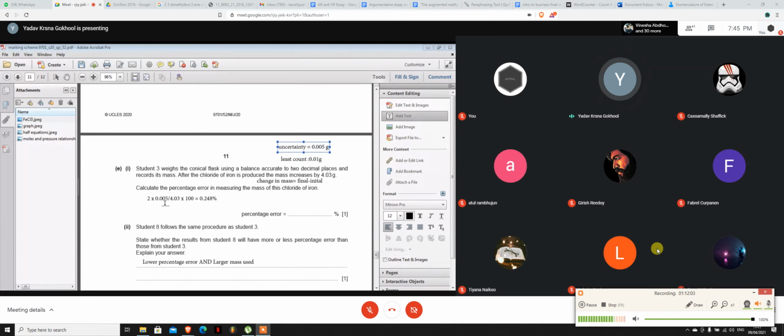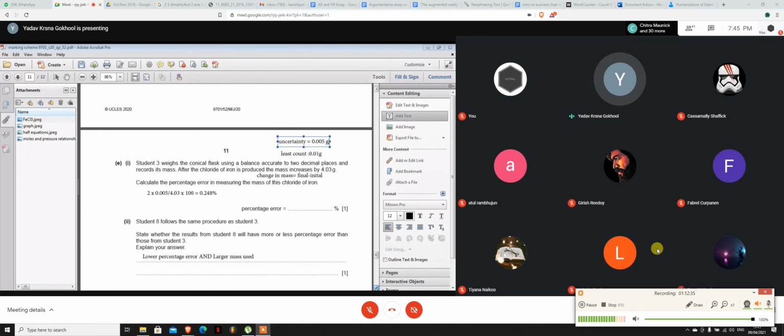So what I mean is, if a student uses 2 times 0.005 or 2 times 0.001, he or she is not penalized. The student is not penalized. But for June 2020, because it was already confinement in UK, we do not have the examiner's report. So if we do not have the examiner's report, we are going just by what the marking scheme is saying over here.